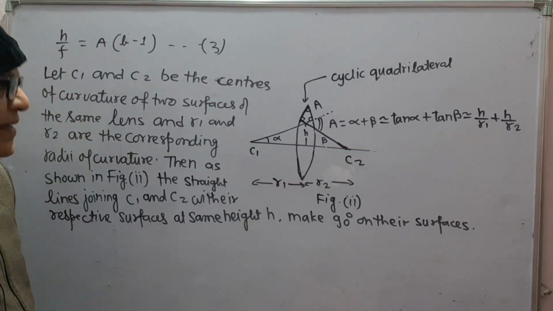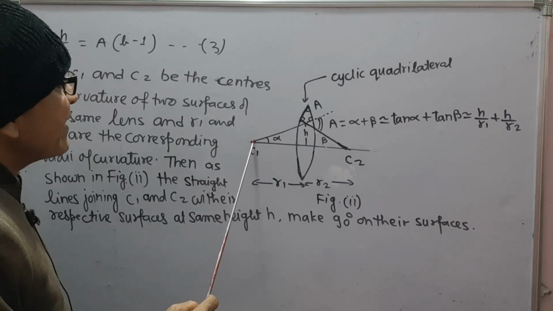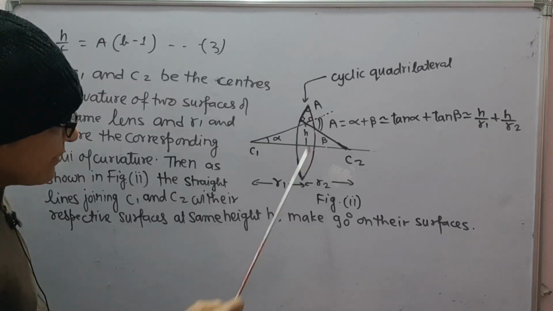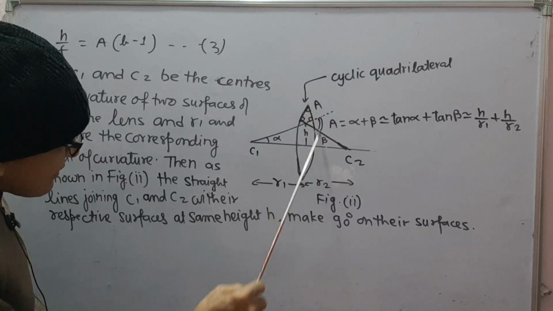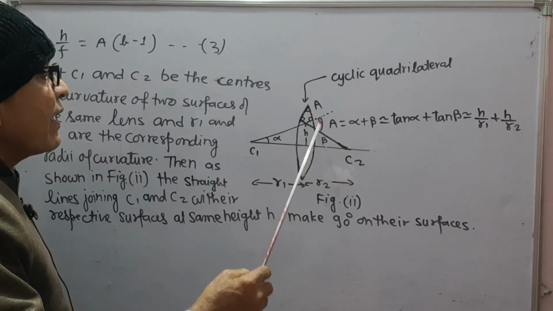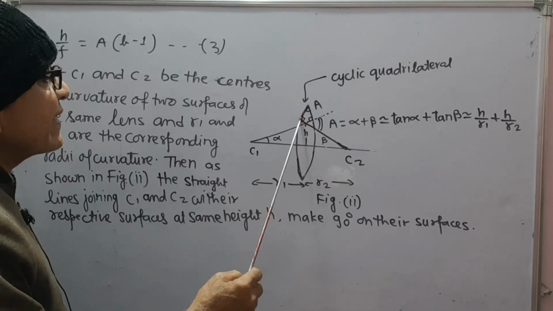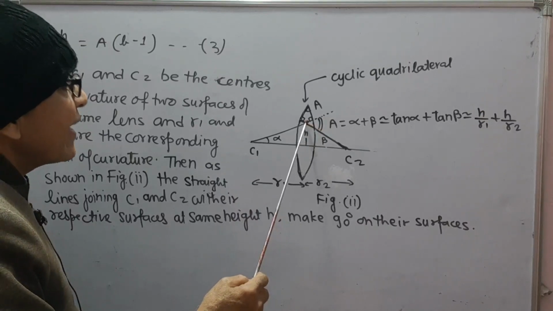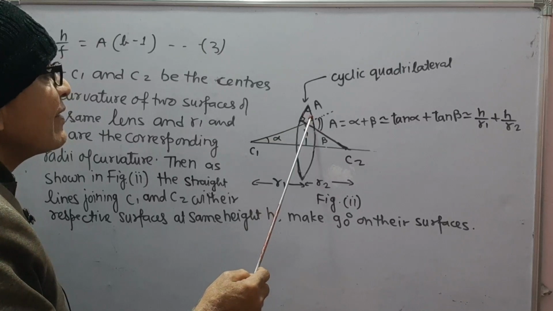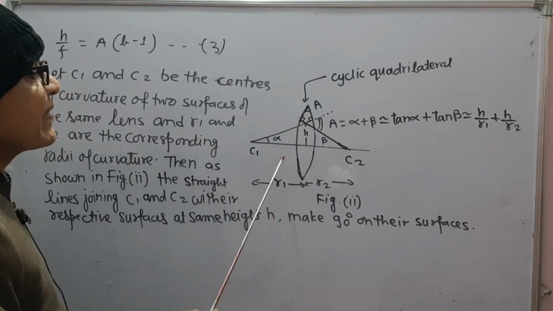Now, if we join center of curvature C1 to the surface of lens, and C2 with the surface of lens here at the same height, then these straight lines make 90 degree with the respective surfaces.